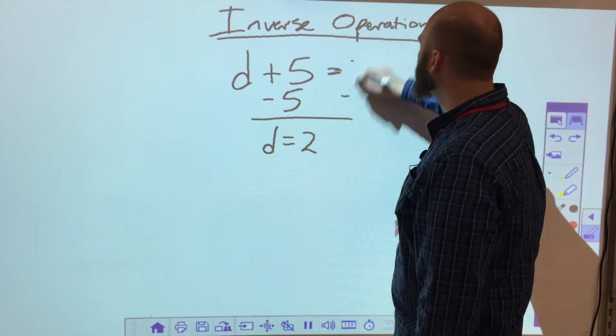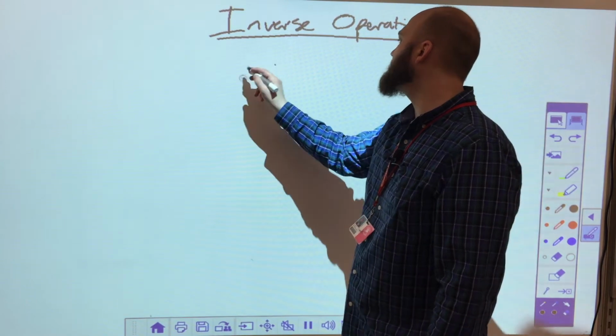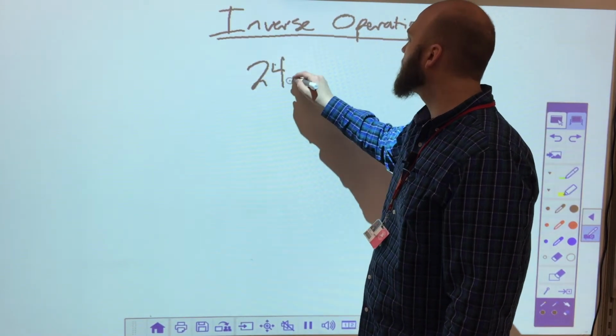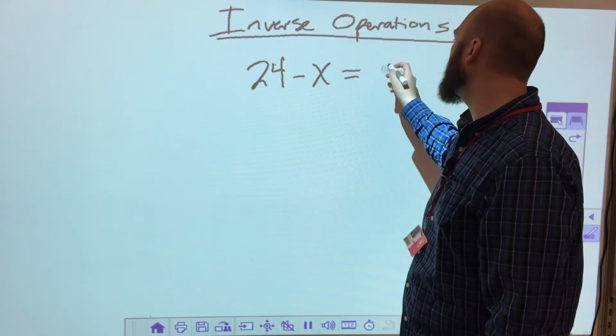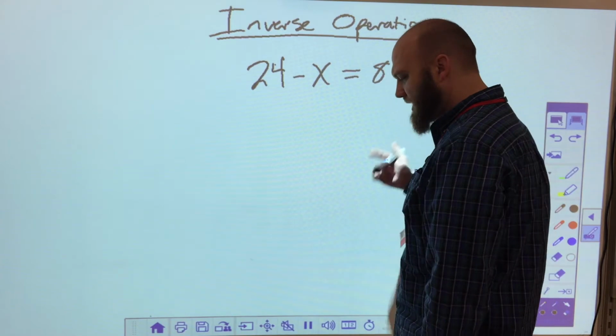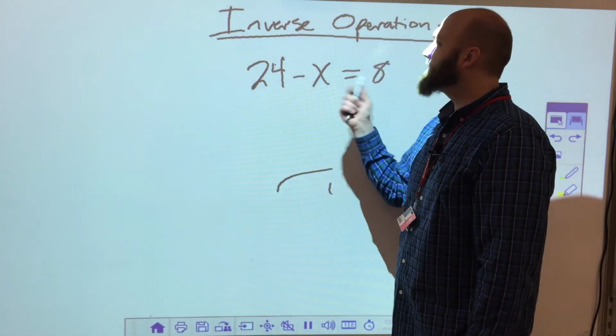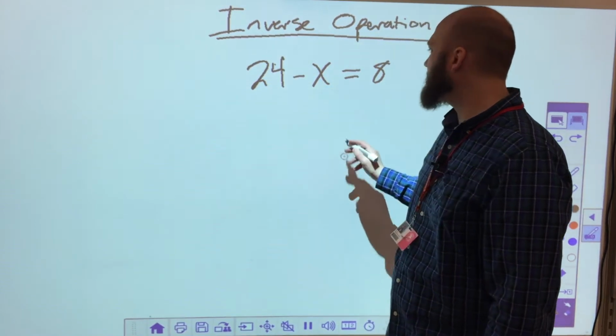Doesn't really matter what the operation would be, such as 24 minus x equals 8. Right? I just picked an equation, and we're going to make this work. Whatever I have going on here, I would subtract.